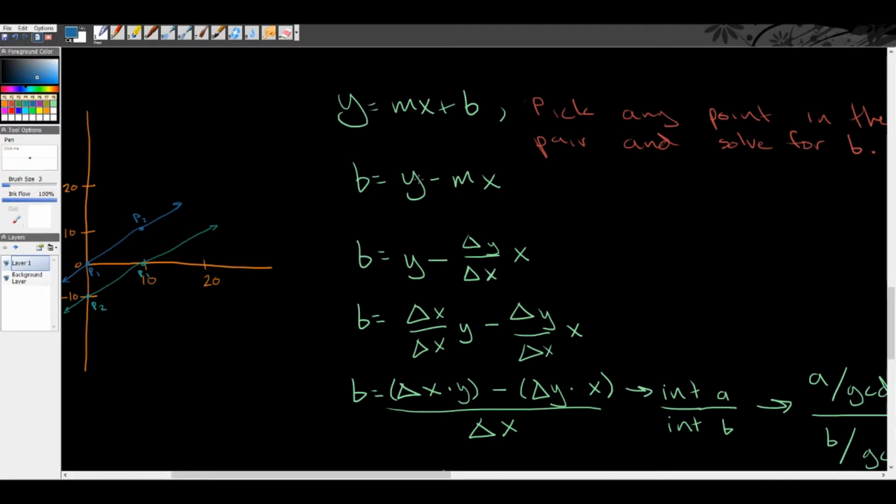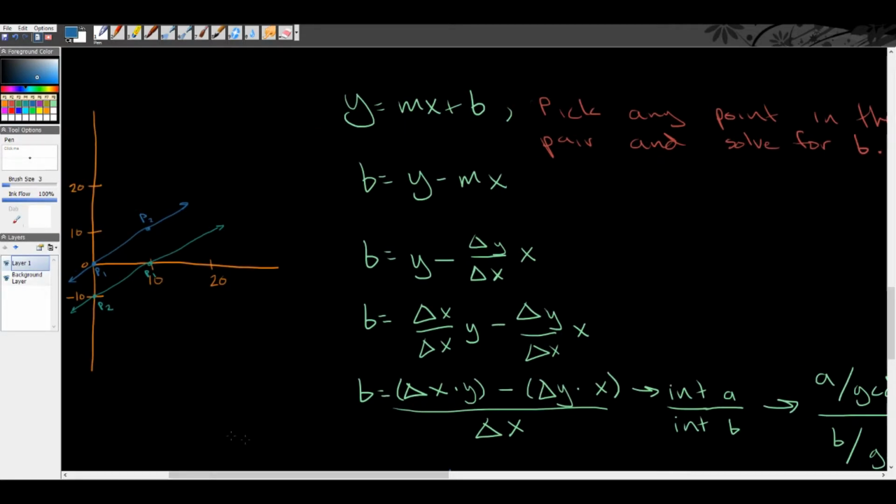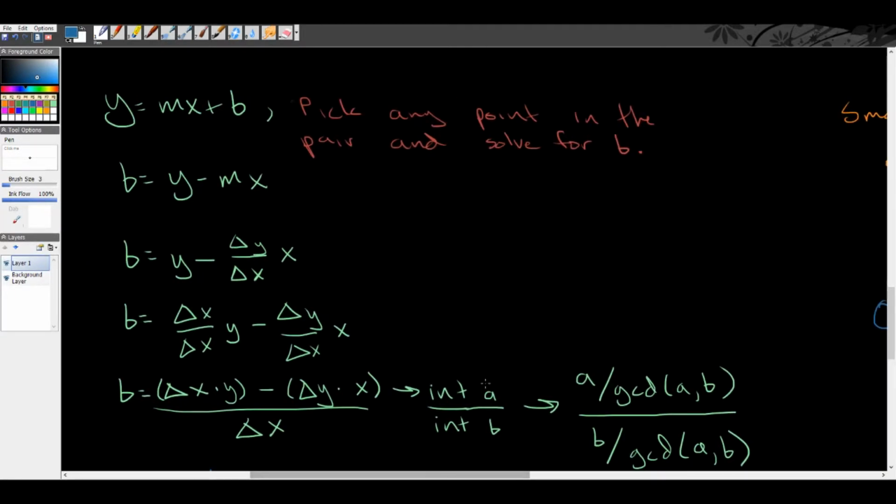If b equals y minus mx, and m is delta y over delta x, we can multiply y by delta x over delta x, which is just 1, so we're fine to do that. And then we can combine these two terms, because they now have the same denominator, into delta x times y minus delta y times x, over delta x. And the good thing about this problem is all of the points are integers, so we are left with an integer denominator and an integer numerator at the end.